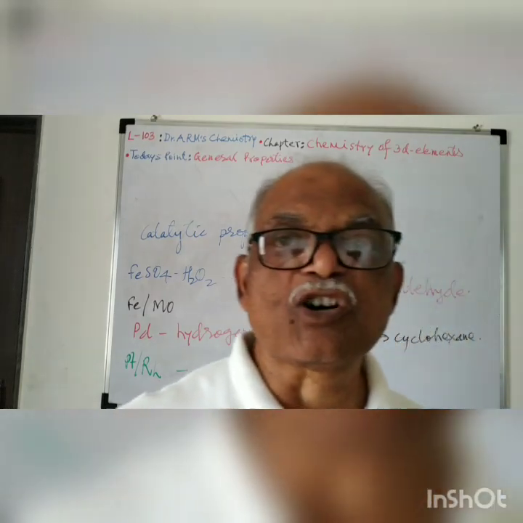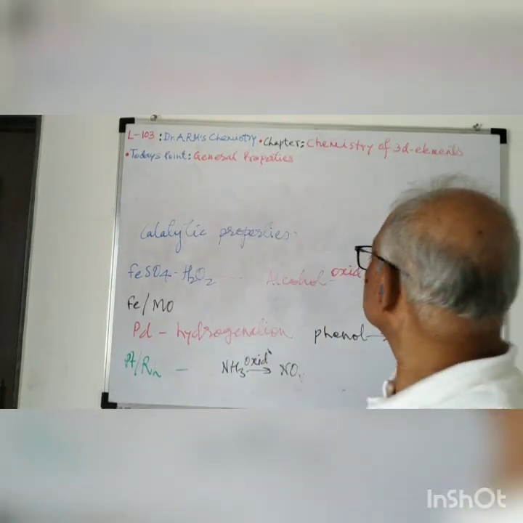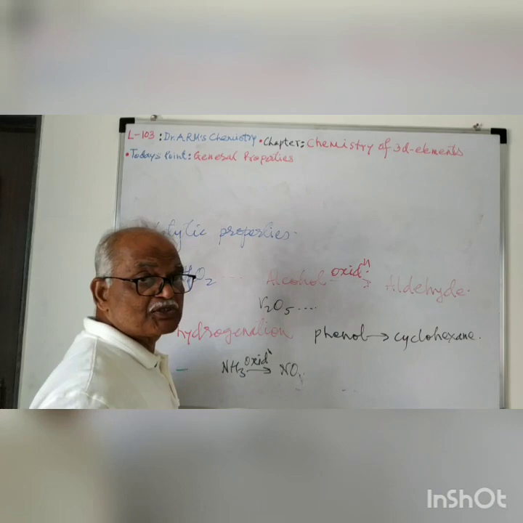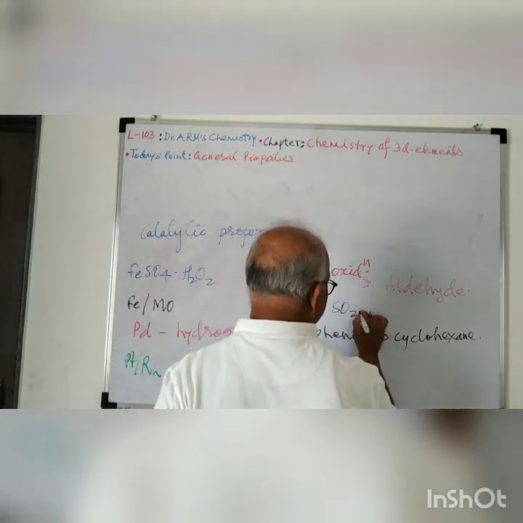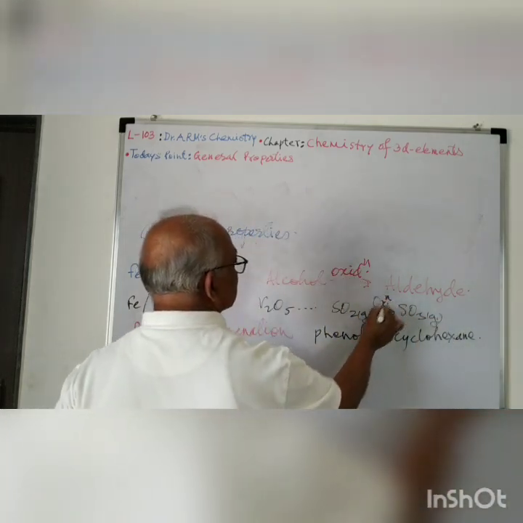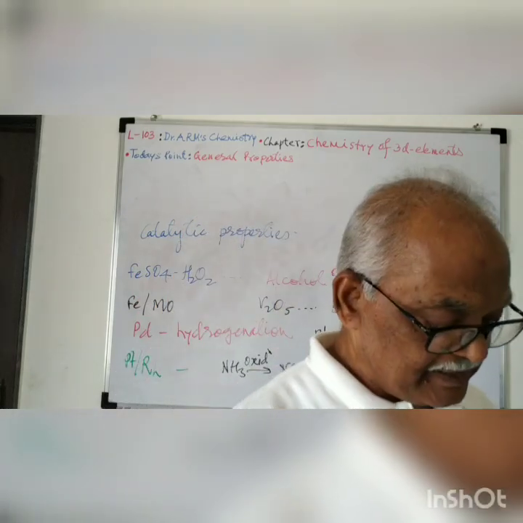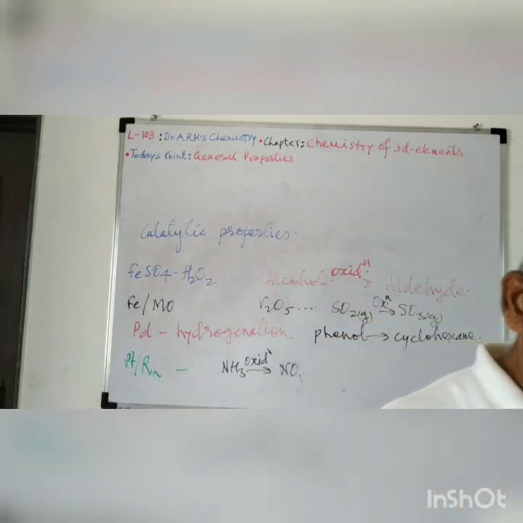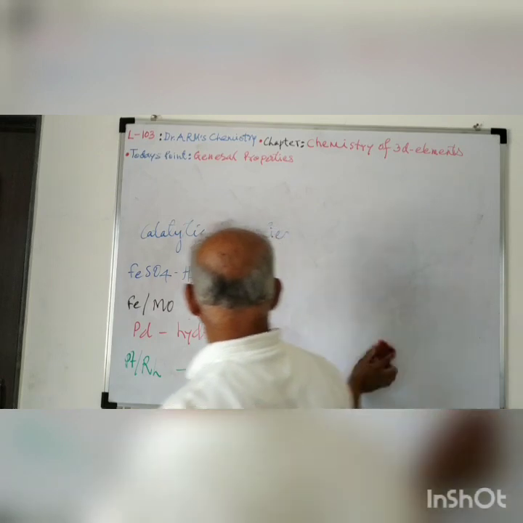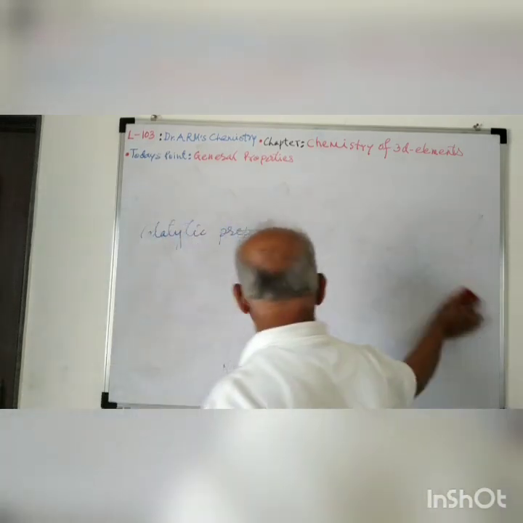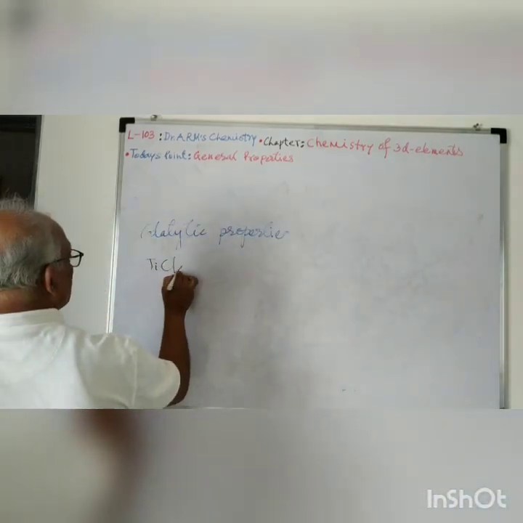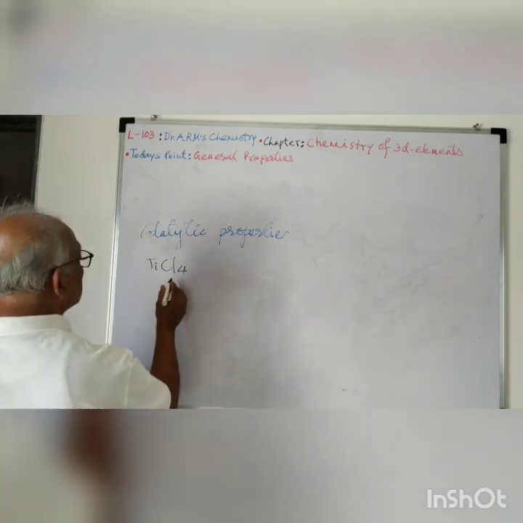Similarly, vanadium pentoxide V2O5 is used as a catalyst to convert sulfur dioxide gas into sulfur trioxide gas. The oxidation of sulfur dioxide takes place. Similarly, titanium tetrachloride, TiCl4, is used as a Ziegler-Natta catalyst.